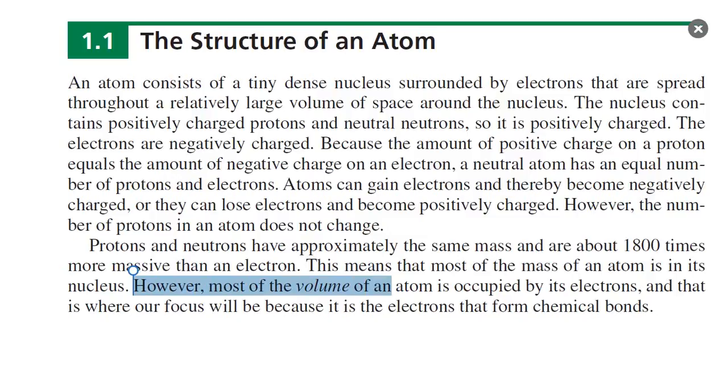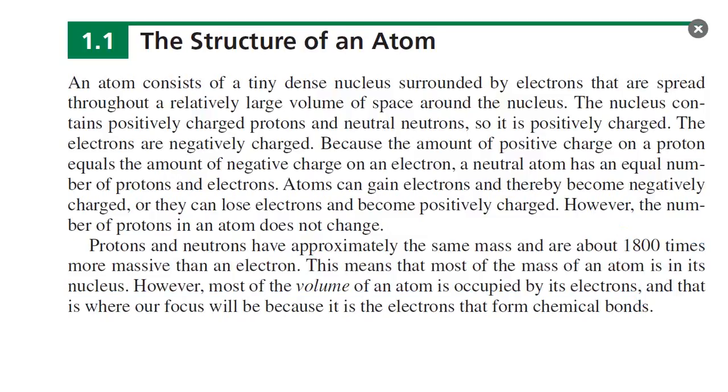However, most of the volume of an atom is occupied by electrons. If we talk about volume and space, who occupies the space of an atom? It is electrons, because they are moving, going from one room to another, right? They are very active, athletic, health conscious, not carrying much weight, 800 times less weight.